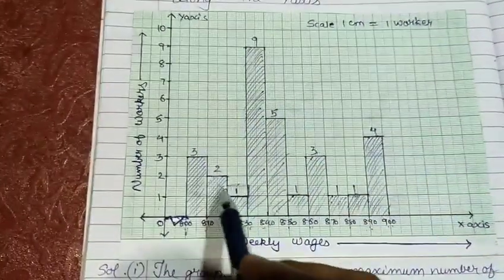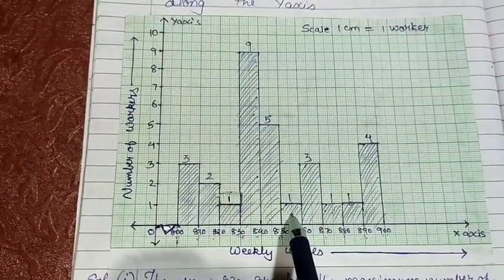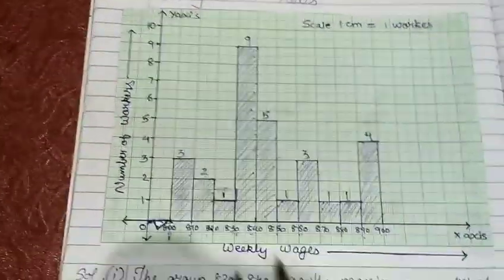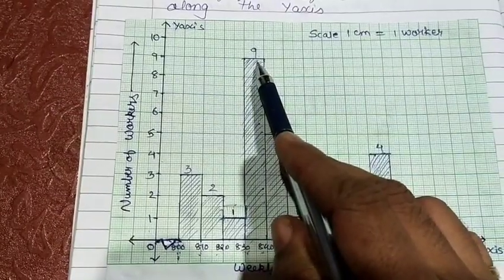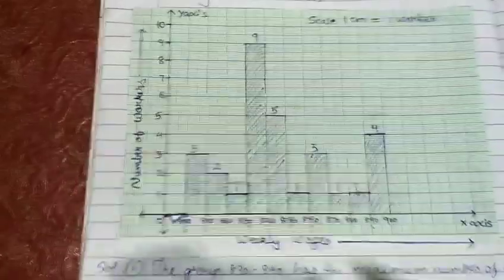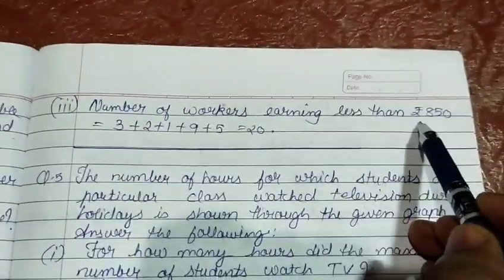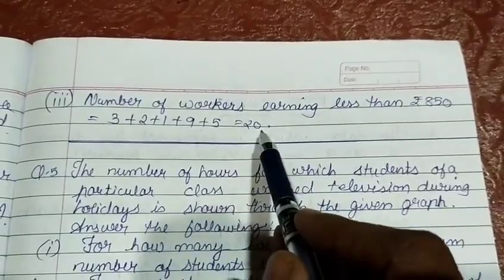So 3 plus 2 plus 1 plus 9 plus 5. Don't count this one. So 3 plus 2 gives 5, 5 plus 1 is 6, 6 plus 9 is 15, and 15 plus 5 is 20. So write down here, number of workers earning less than rupees 850: 3 plus 2 plus 1 plus 9 plus 5 equals 20 workers.